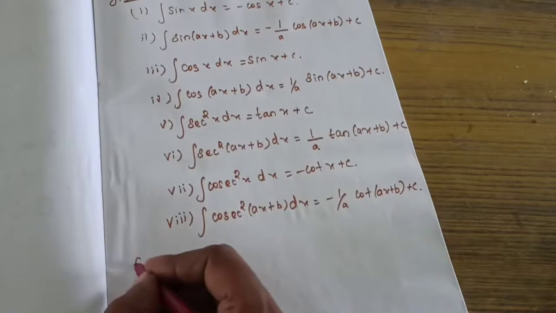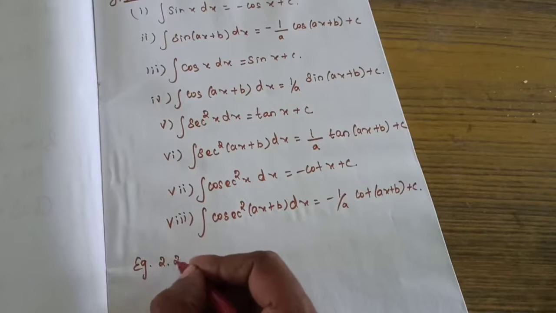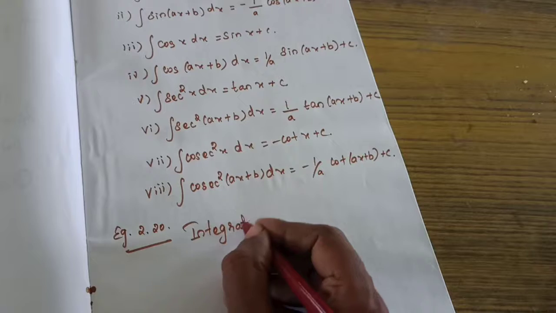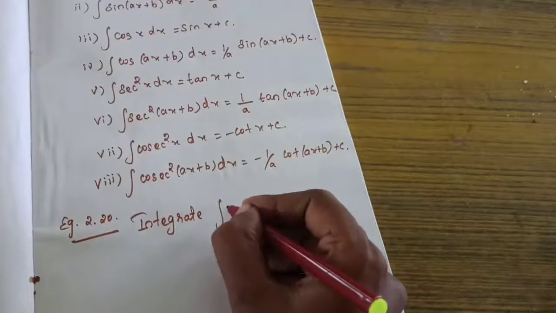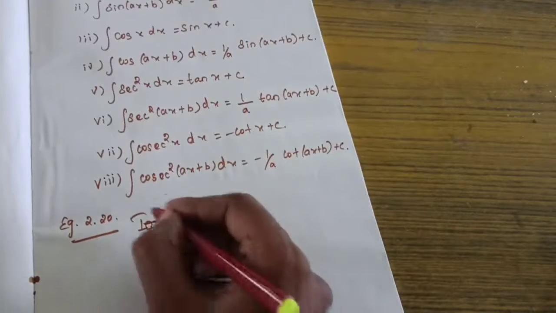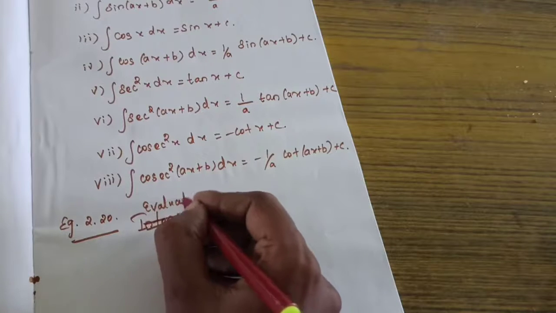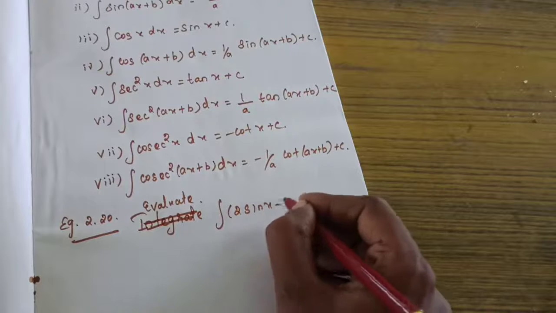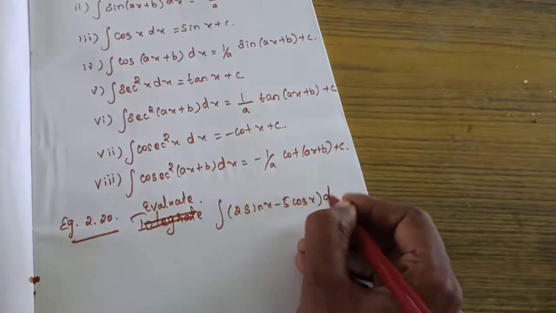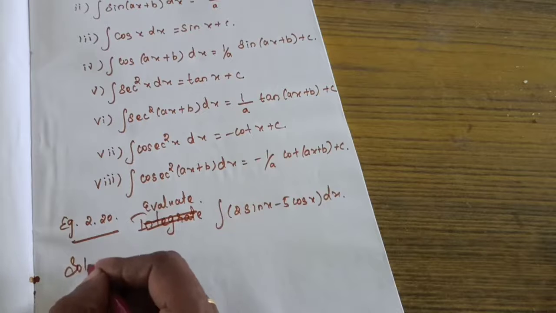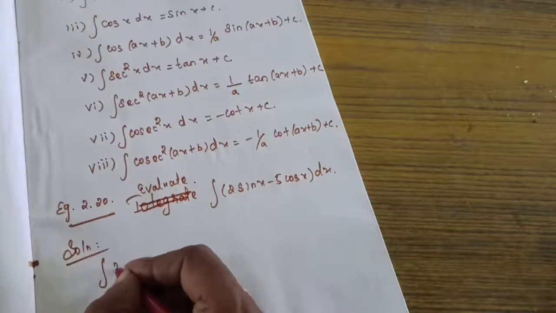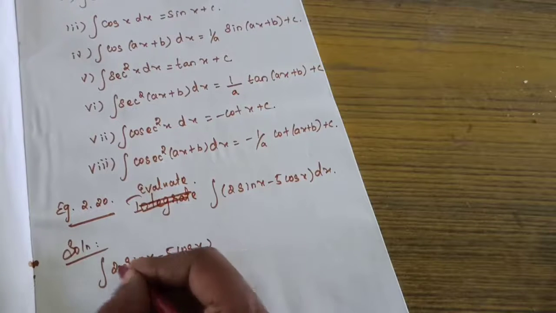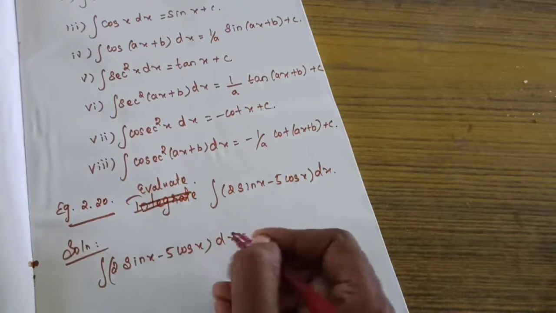Understand? So now example 2.20. Evaluate integral of 2 sin x minus 5 cos x dx. Solution: integral of 2 sin x minus 5 cos x dx is equal to, shall we split it?